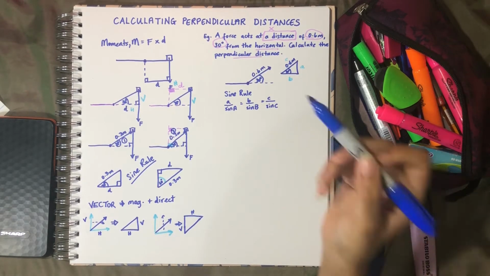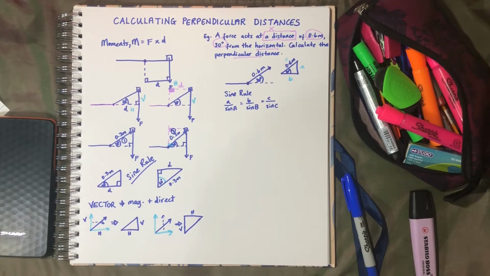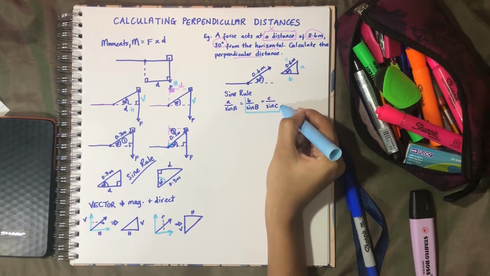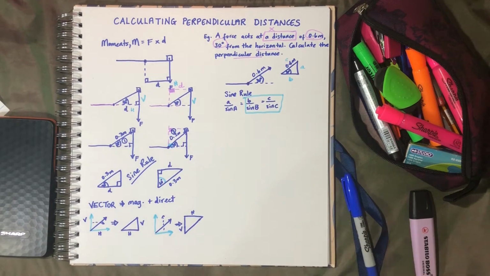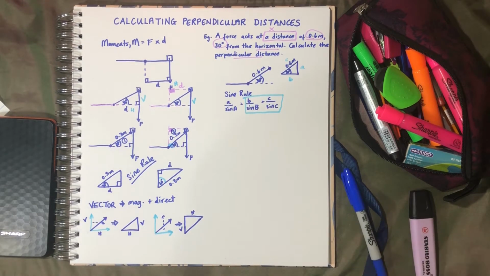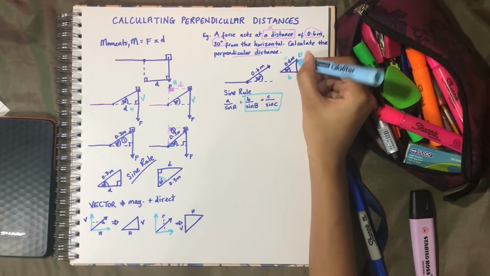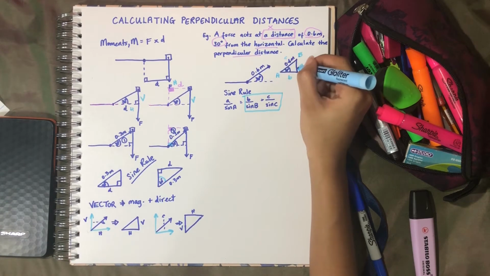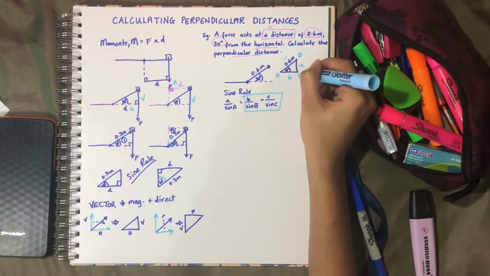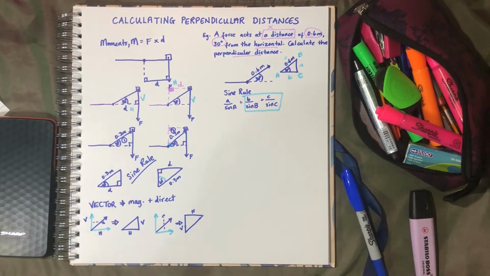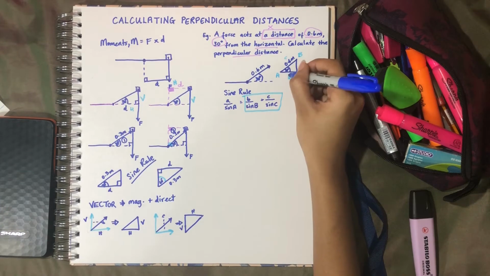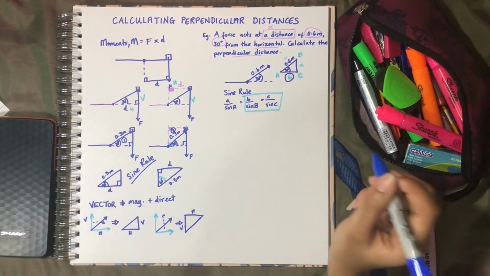So what I would use would be these two, because we know that B would be this angle here, A would be this angle here, and C would be this angle here. And we need to find b because we're looking for the horizontal component.